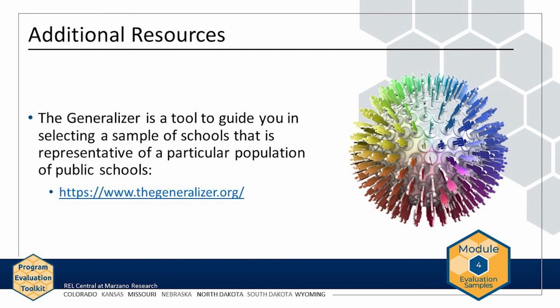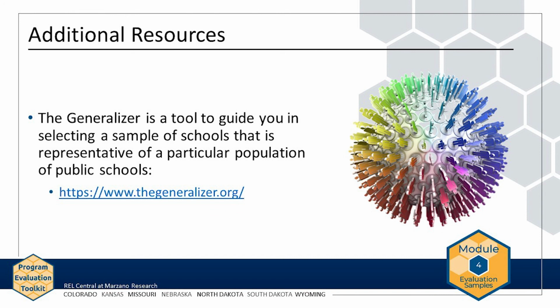By using the Generalizer, you can define a broadly or narrowly representative sample of public schools by specifying geographic and demographic criteria. The Generalizer will use your criteria to identify an appropriate sample by querying its database of schools, derived from the U.S. Department of Education's Common Core of Data and the U.S. Census Bureau's American Community Survey.